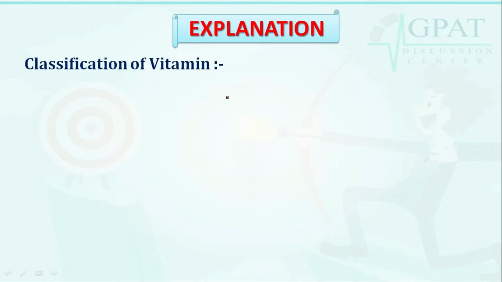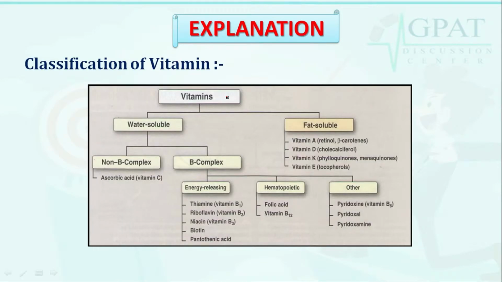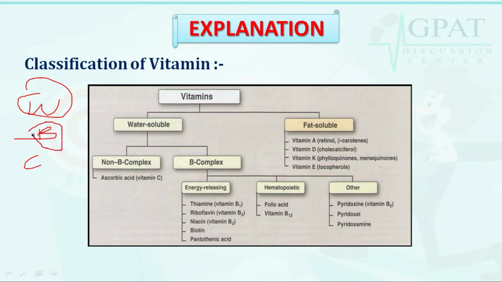How can you learn the water soluble vitamins? Just make a mnemonic, WBC, which means the water soluble vitamins are B and C, and the fat soluble vitamins are ADEK.